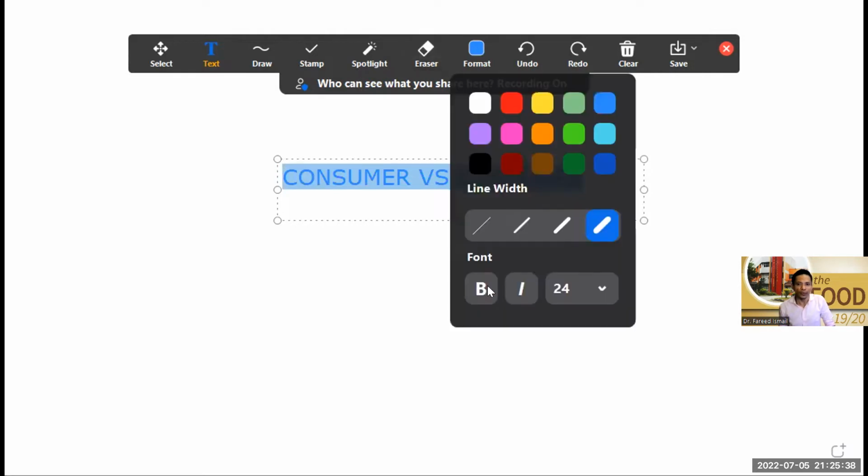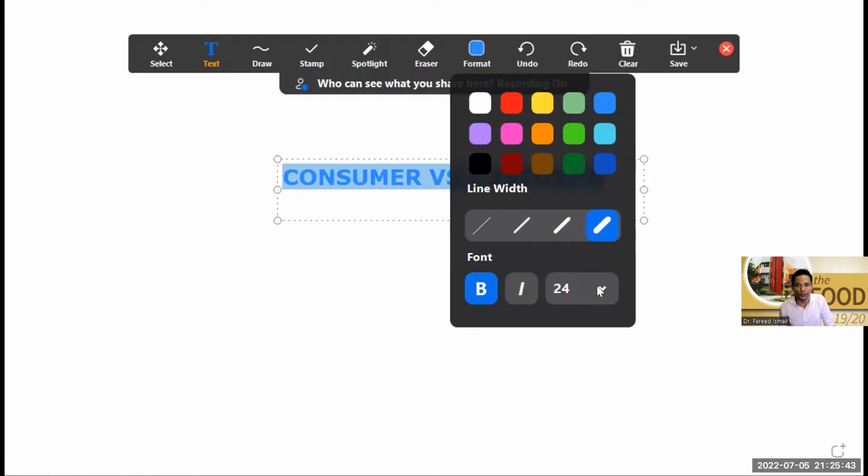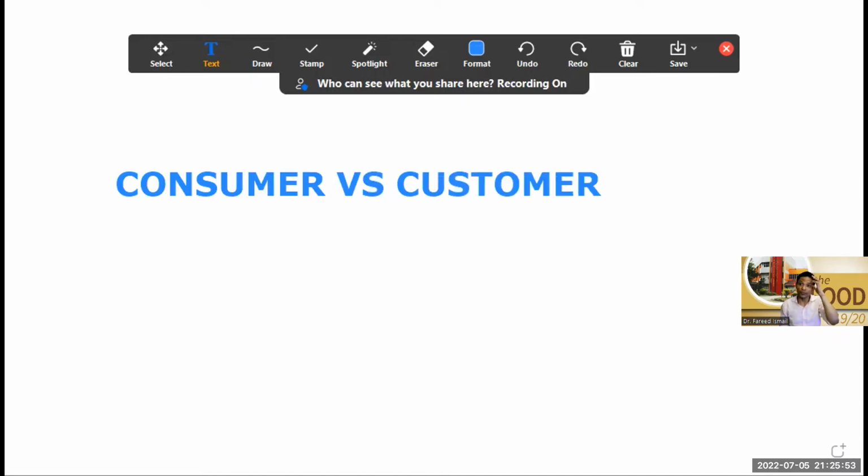We usually ask ourselves, how do we differentiate between these two words, consumer and customer? Now, consumers, if I may, are those buyers of our products or services that buy the products or services for their own usage.